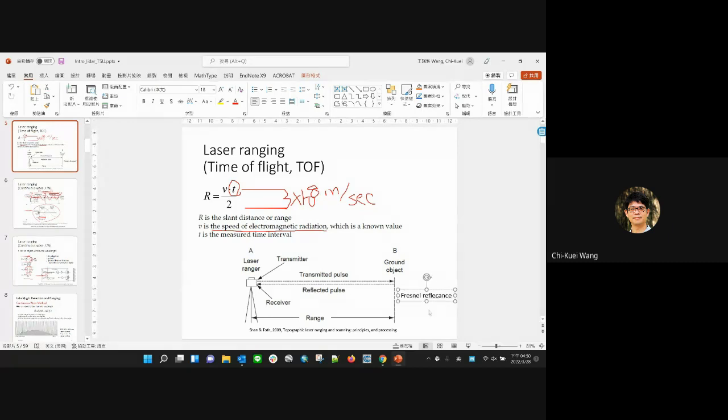There's something called Fresnel reflectance. So for the water surface, you have Fresnel reflectance, and for that, the transparency doesn't affect anything. But the transparency will affect other things, which I'm not going to talk about today.